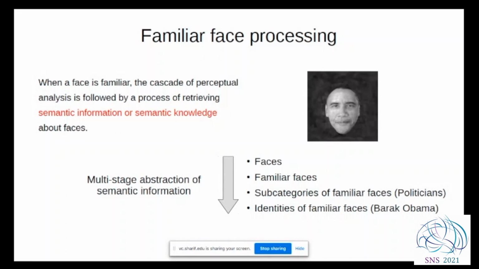It is semantic because in order to recognize a face as familiar, you need to check your memory. You have to compare the face with your memory representations so that you understand that this face is a familiar face. So you need to rely on some semantic representations in your memory.